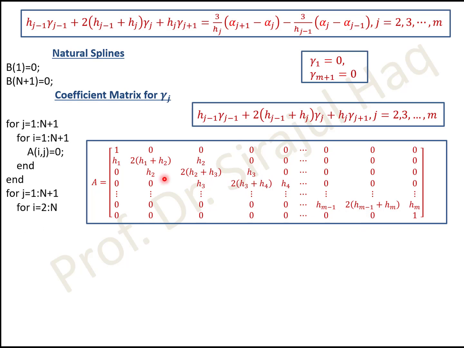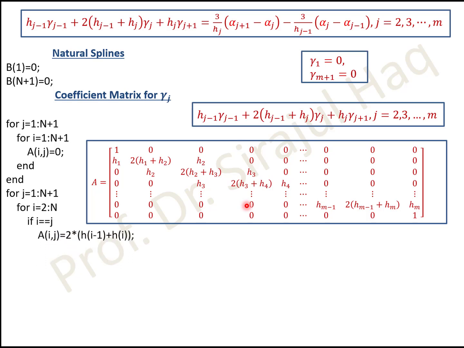So i starts from 2 and reaches up to n, up to this entry. When i is equal to j, it means that my target is the main diagonal. I ask my computer, compute A2,2, A3,3, A4,4, and so on for me.